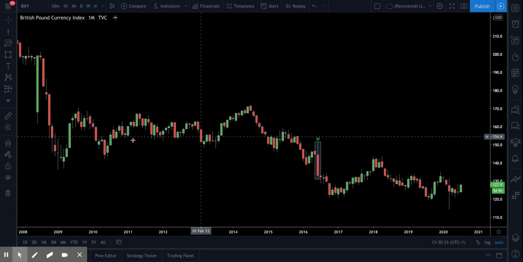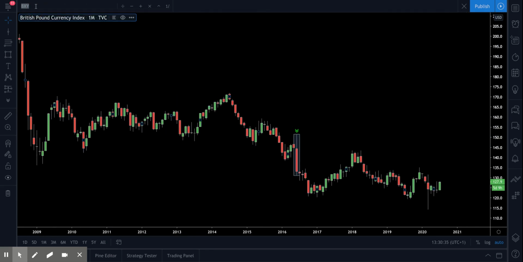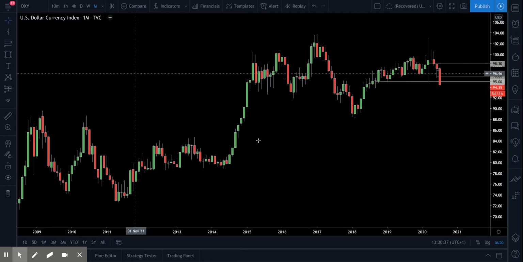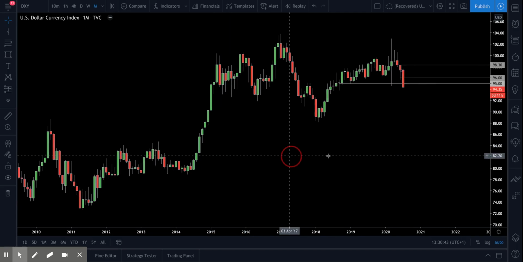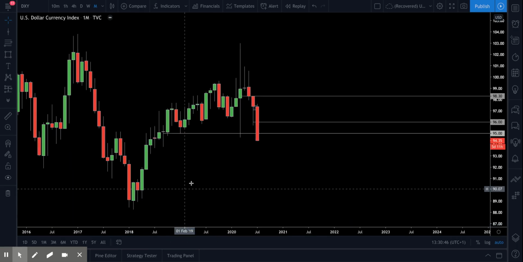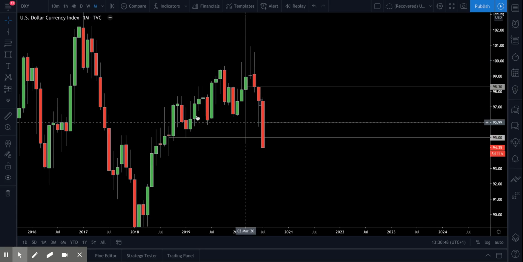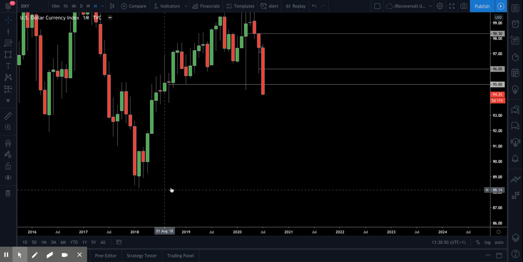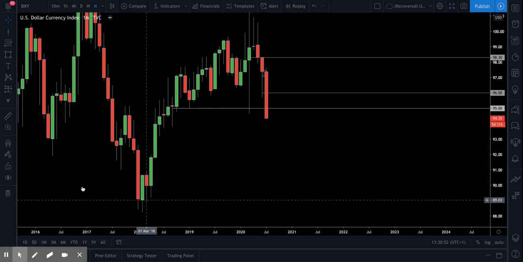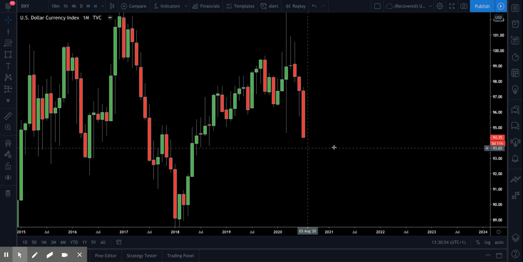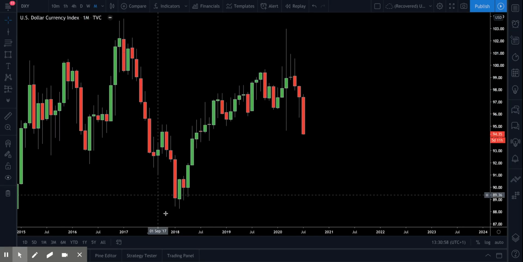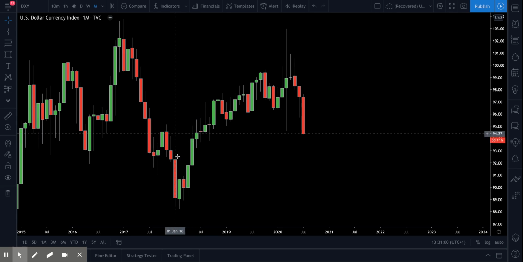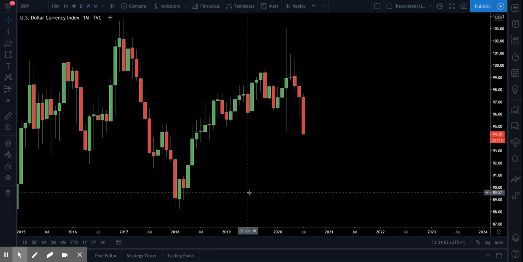So another thing then we need to be focusing on, as mentioned, is economic performance. So from here, I'm going to scale in, focusing on this current price action. From 2018 to 2019, the US economy was all good. Interest rates were being consistently raised, and everything was looking good for the US economy, right?